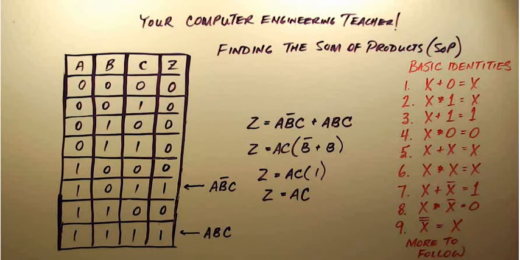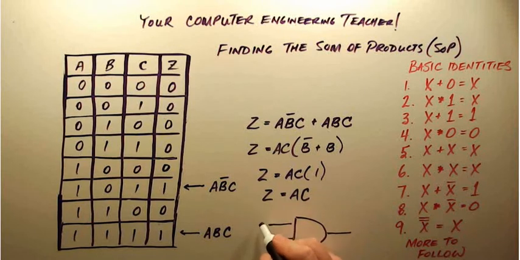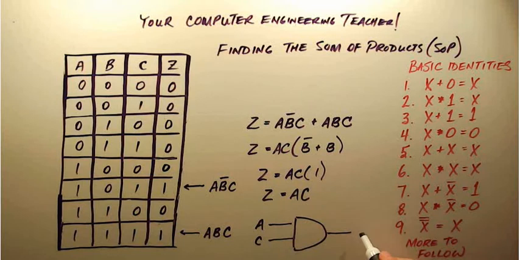So what we've done here is we've taken the truth table, which is a 3-input truth table, and really determined that the output in this case really just depends on inputs A and C. And since they are multiplied together, that's an AND gate. So if I was to draw the digital circuit for this, it really just simplifies down to A and C determines what output Z is.